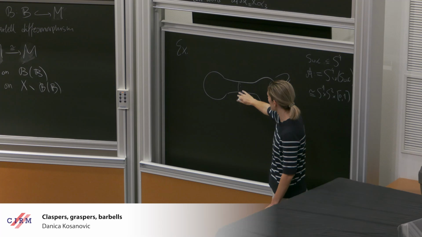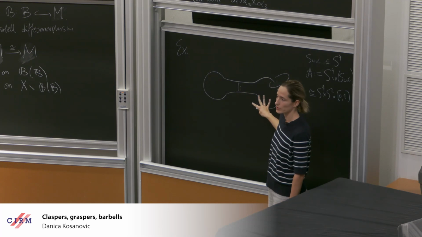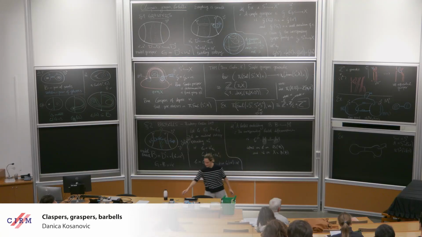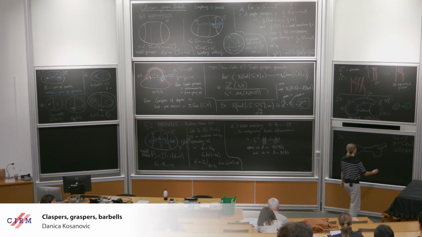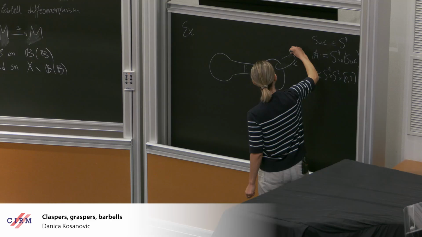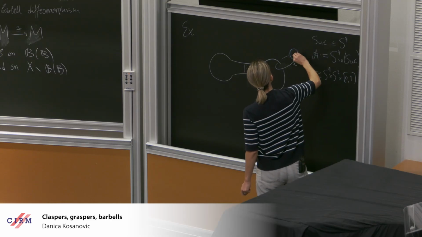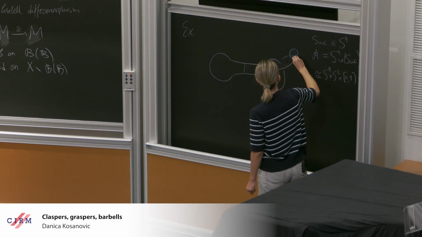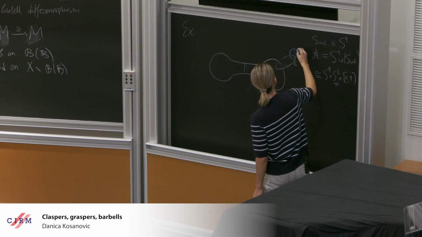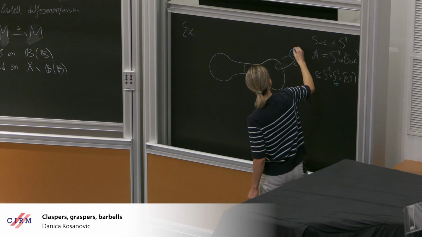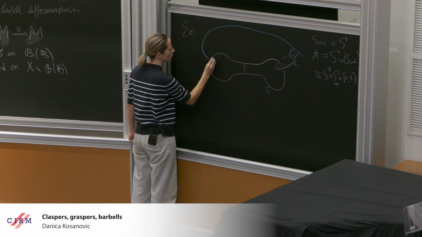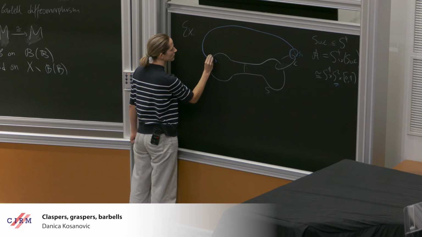And I'm now working in the complement of the link, okay? Now in the complement, I'm going to draw a barbell. And it's going to look like this. I'm actually going to take a non-trivial sphere, because this is a meridian of this circle, but the circle is not there. So this is the S2 factor. So this is my S2. Then I'm going to do something non-trivial in the fundamental group, namely I'm going to go here k times around this.